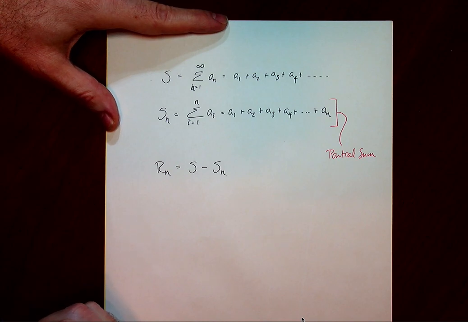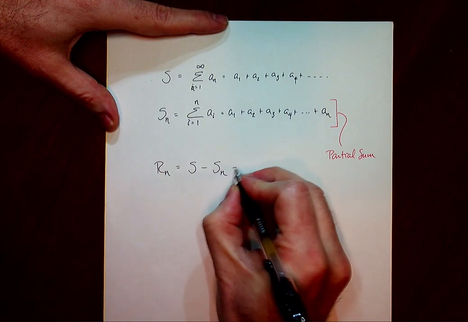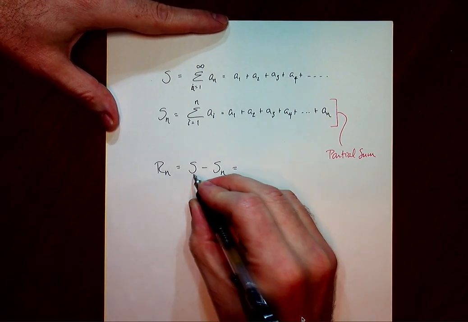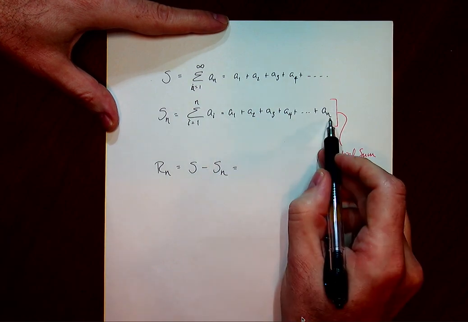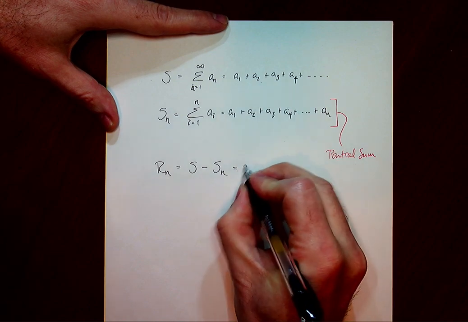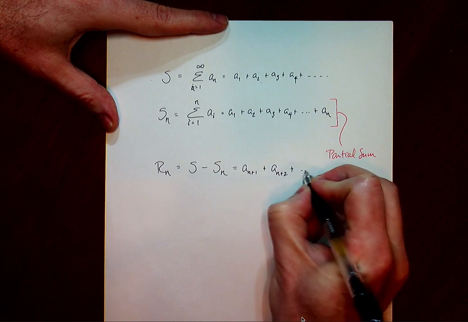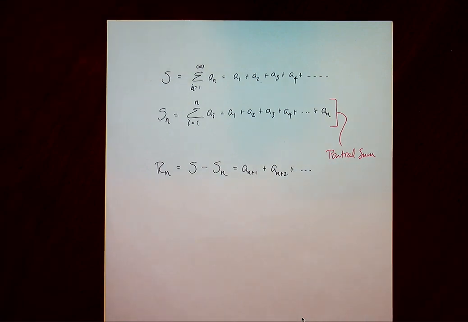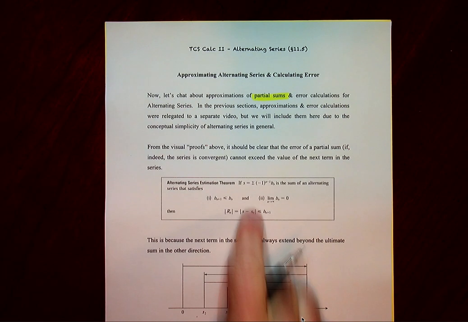That means you're subtracting the first through the nth term from the original, so what you have is the n plus first term and then on out to infinity. That helps us make sense of some of the notation in this little box.